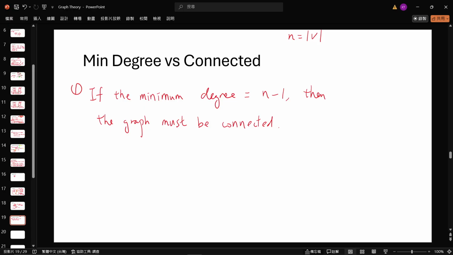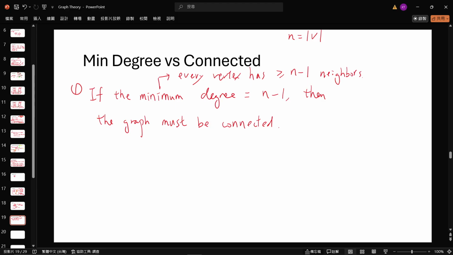如果这个 graph 我手上我给你这个 graph，我确保说它的 minimum degree 是 n 减1。In other words, so this means every vertex has at least n minus 1 neighbors.